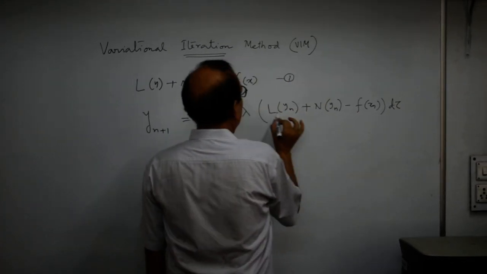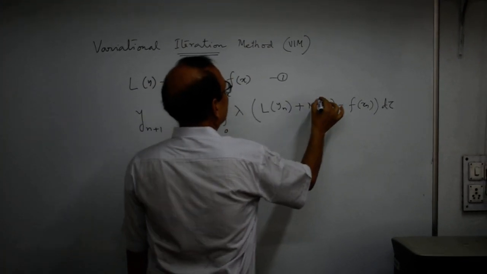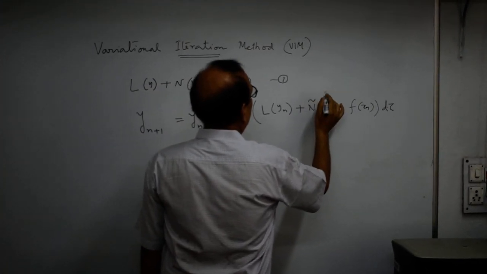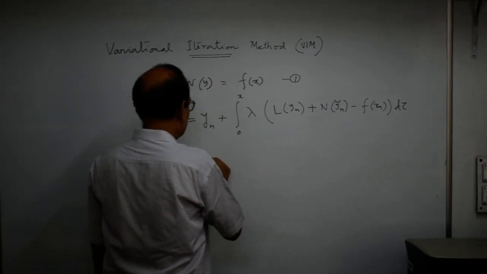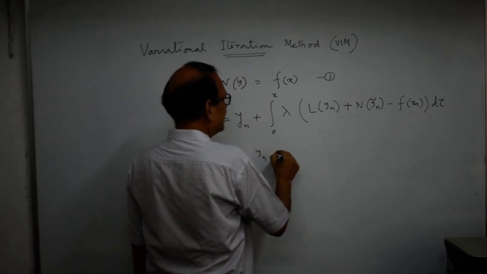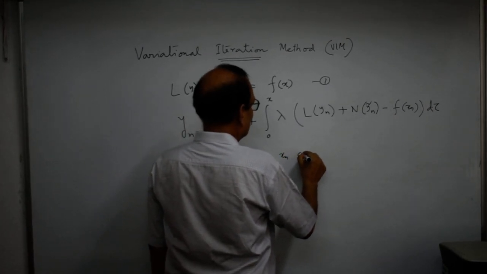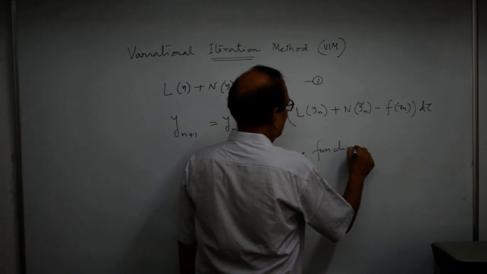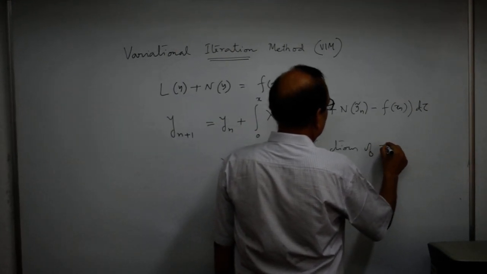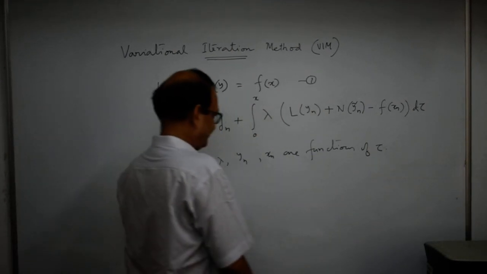Suppose here lambda, y_n tilde and x_n are functions of tau.